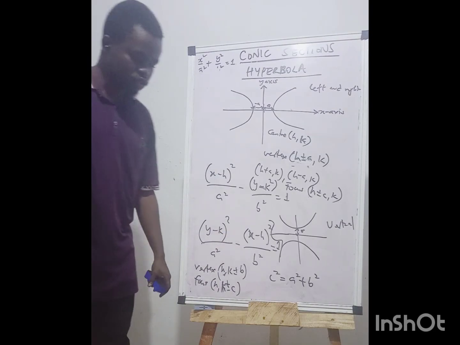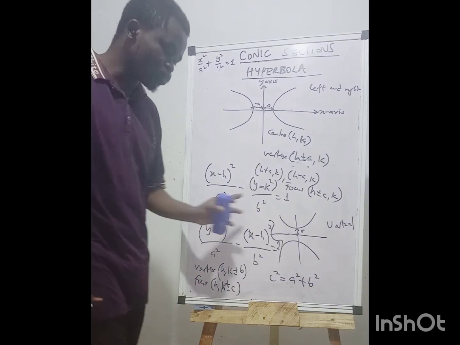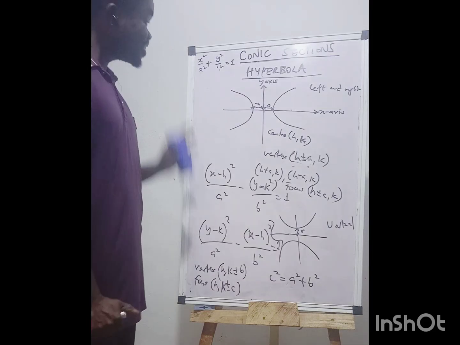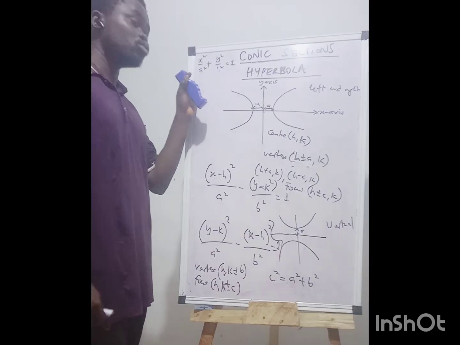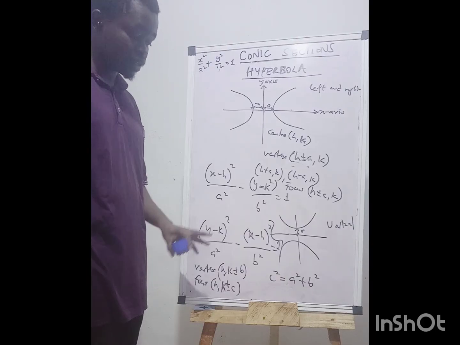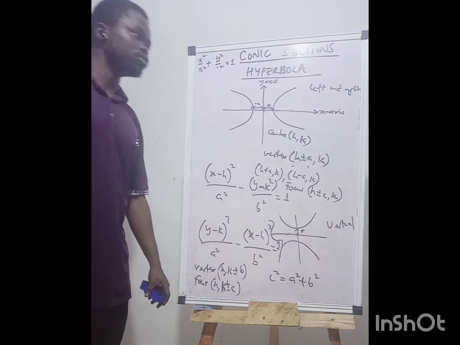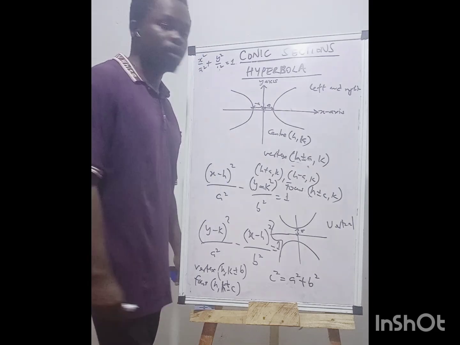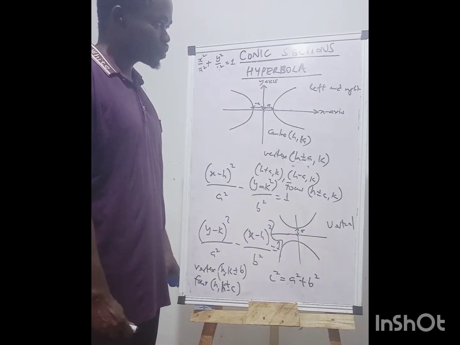Why? The equation has an x squared and a y squared. The values are merged. But the vertices in the ellipse were 4, while this time the vertices are just 2. They are not 4. Are you following?